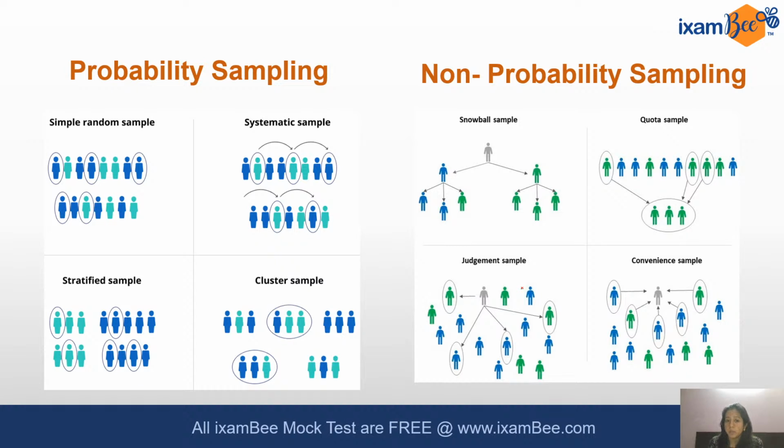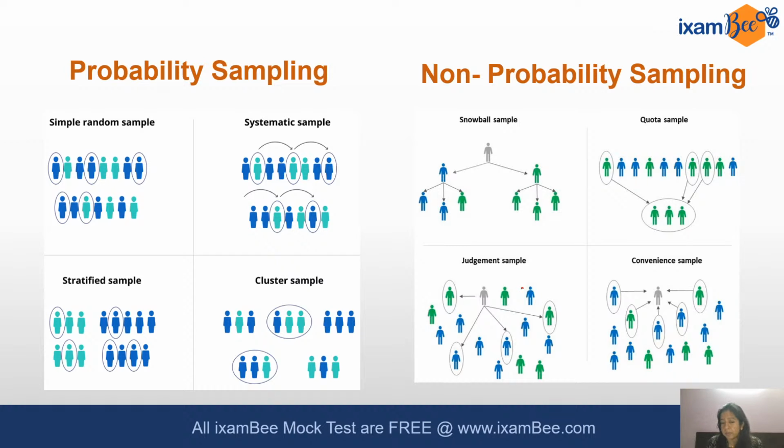In probability sampling, each sampling unit has some probability of getting selected, but in non-probability sampling we are selecting as per a decided criteria.